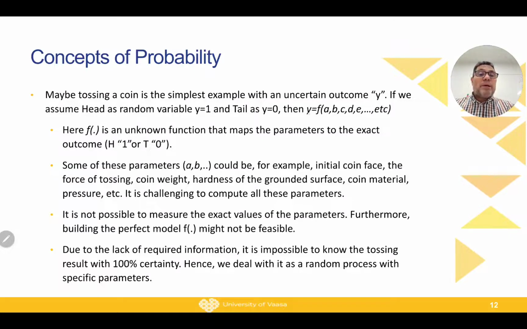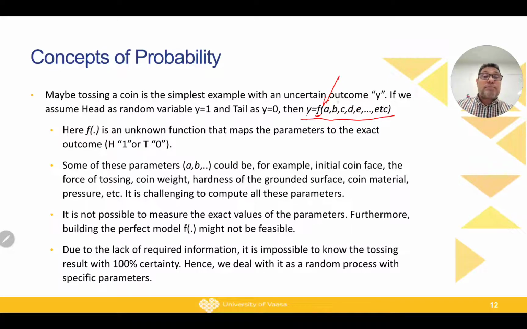However, if we can build such an equation that y, for example, equals 1 if it is head and 0 if it is tail, and this y is a function of what? It is a function of many parameters. For example, one parameter is the initial condition: is the coin at head face or tail.